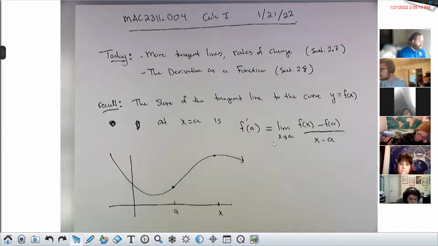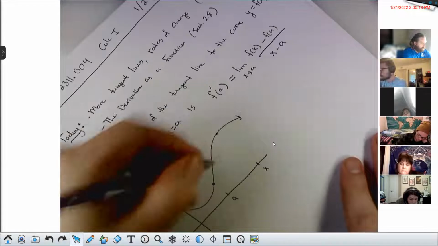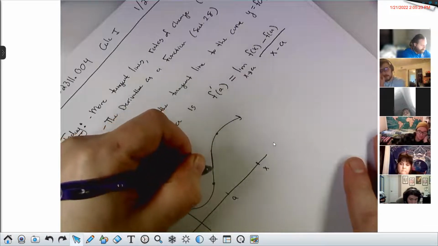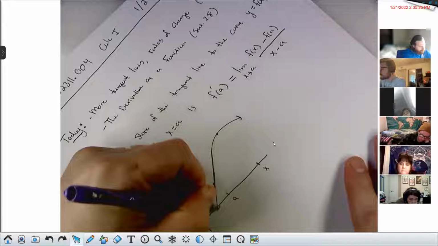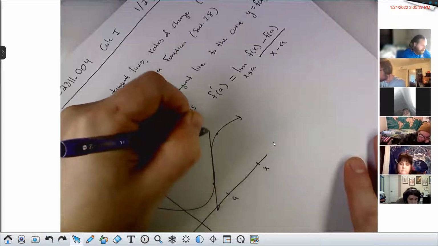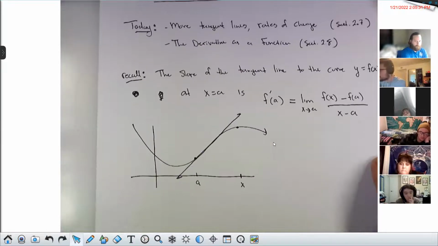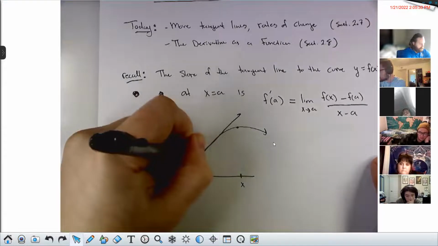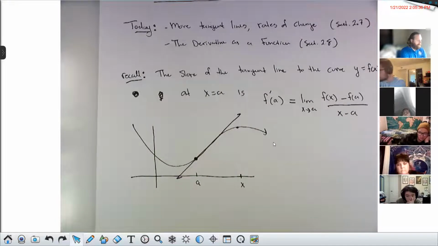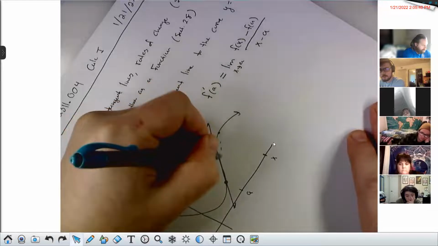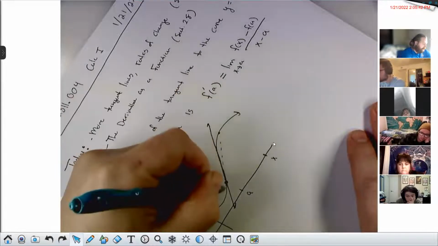And we try to get our tangent slope, the slope of the tangent line, something like this, as a limit of slopes of these secant lines.